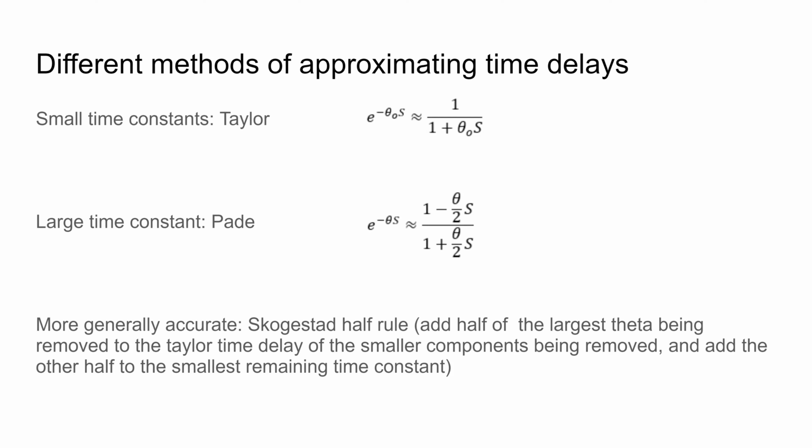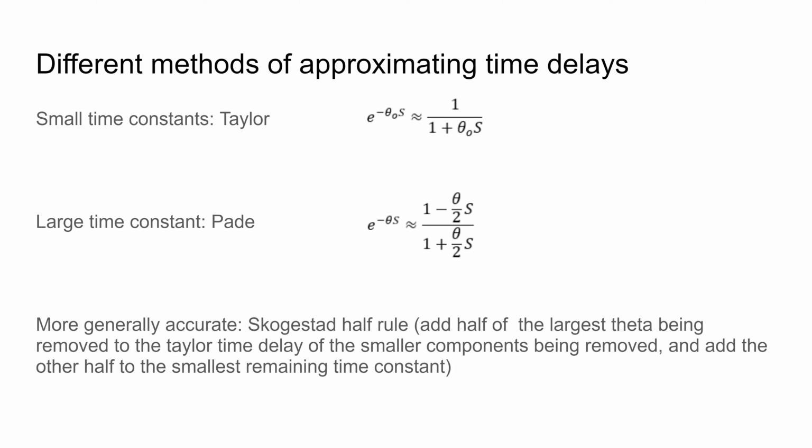In a more general sense, you could use the Skogestad half rule. Now, the Skogestad half rule isn't really any singular formula. It is more of a method. What this method says is you can approach your transfer function by adding half of the largest time constant being removed to the Taylor time delay of the smaller component being removed, and add the other half to the smallest remaining time constant.